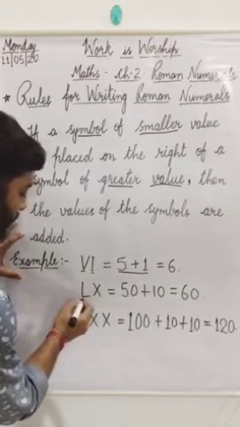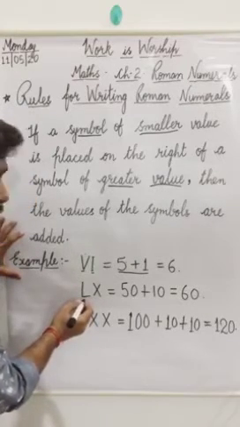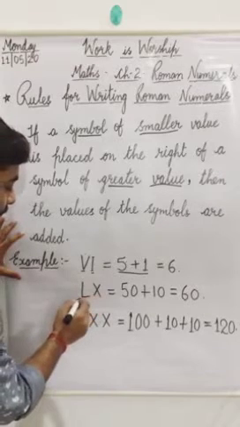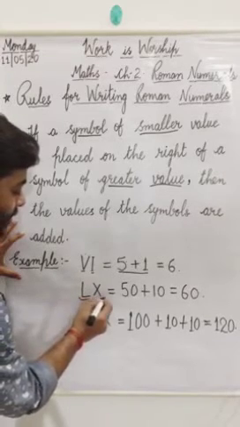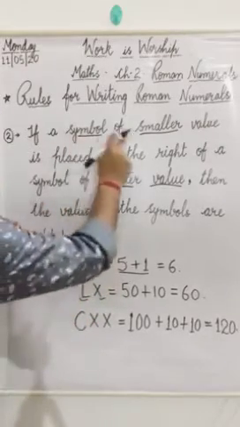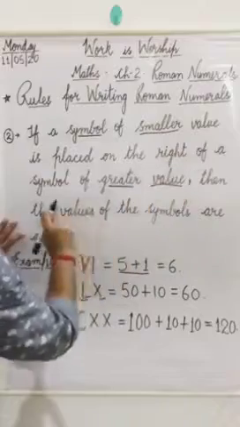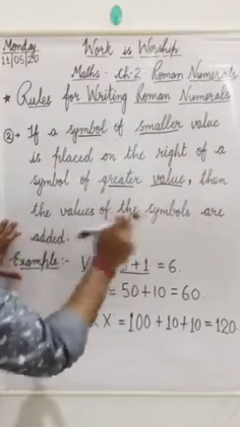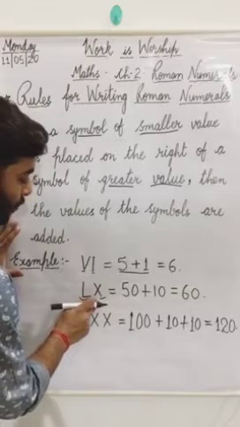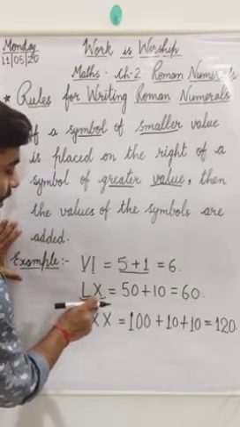Look next, L denoted to 50 and X is 10. It means this is greater value and this is smaller value. And the rule says, if a symbol of smaller value is placed on the right of a symbol of greater value, then the values of the symbols are added. Here is greater value and here is a smaller value which is on the right side of the greater value.